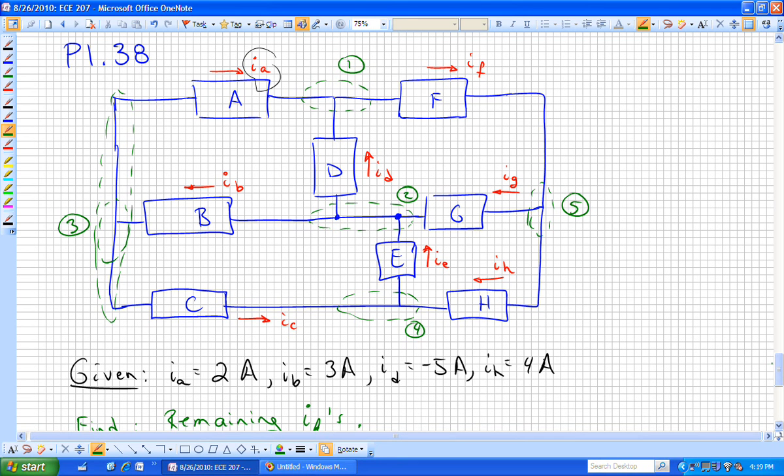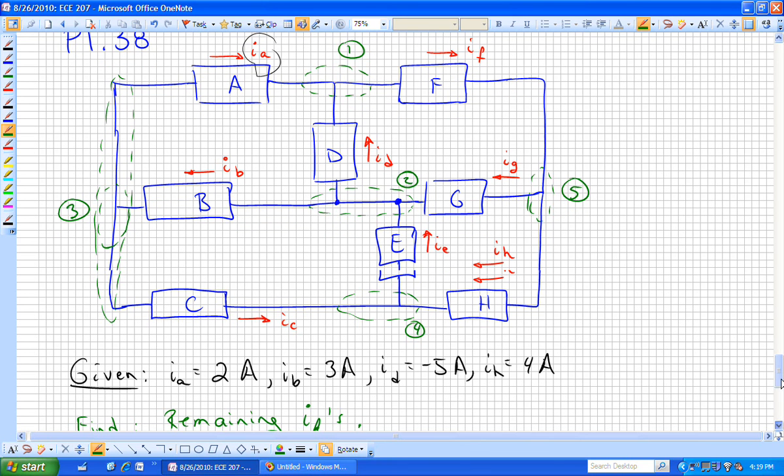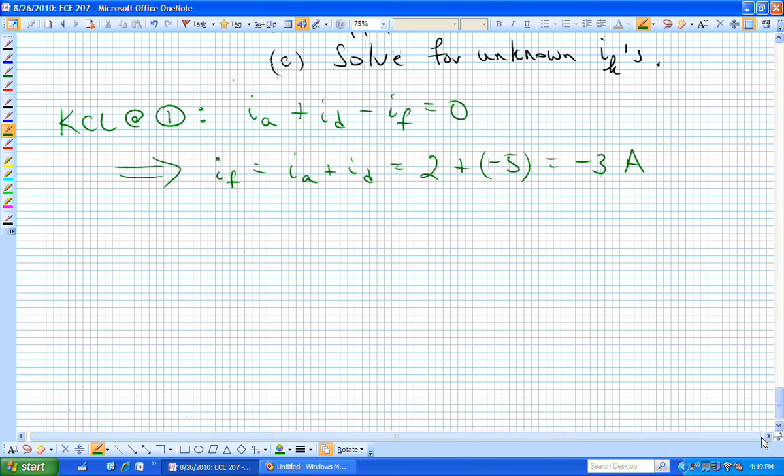Let's do KCL at node 3. I don't like node 2. It looks too complicated. KCL at 3.